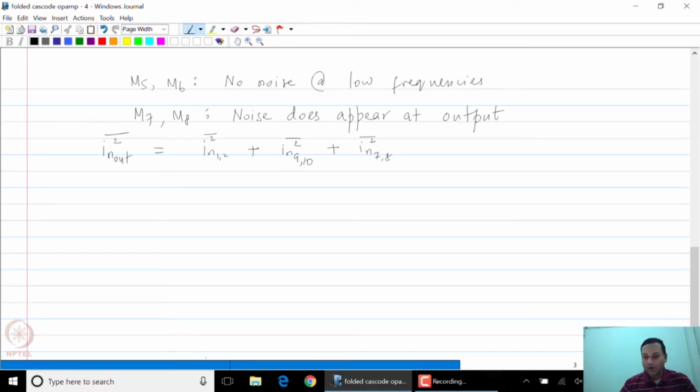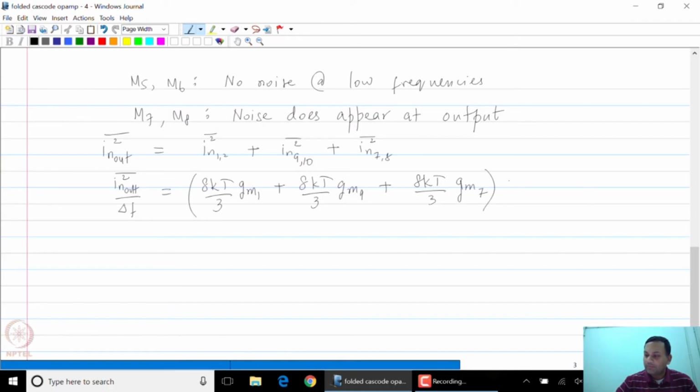Each one of them produces independent noise, and therefore the output referred thermal noise density will be 8 kT by 3 GM1 plus 8 kT by 3 GM9 plus GM7 times 2, because you have M1 and M2, M9 and M10, and M7 and M8.